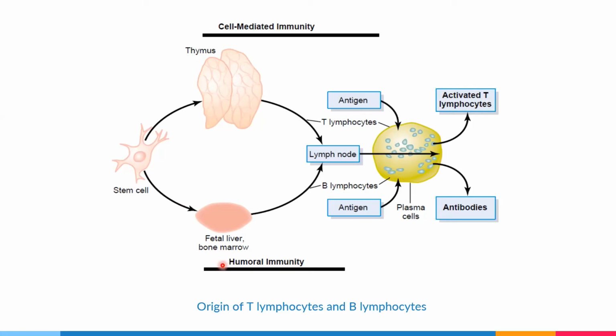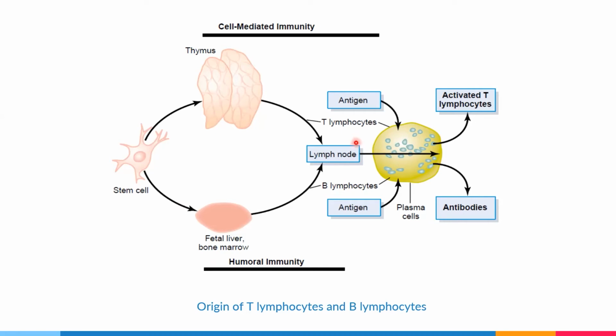Depending on whether they travel to the thymus or the bone marrow, they are named the T cells or the B cells respectively. After maturing, these mature T and B lymphocytes reach a particular lymph node and reside there and wait till they encounter a particular antigen.